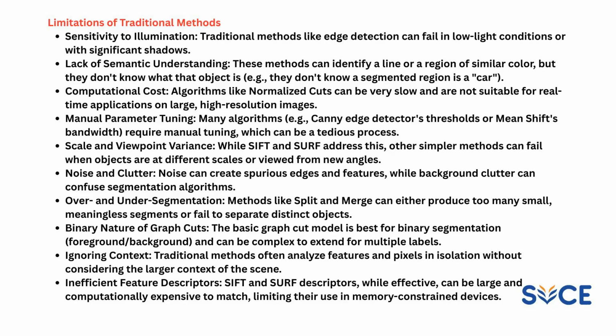Ignoring the context is another major limitation. These methods often analyze pixels and features in isolation, so they don't take the bigger picture into account. For example, a traditional method would not know that a person is likely standing on a road and not floating in the sky.